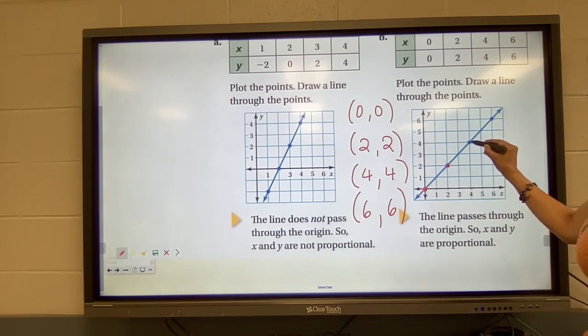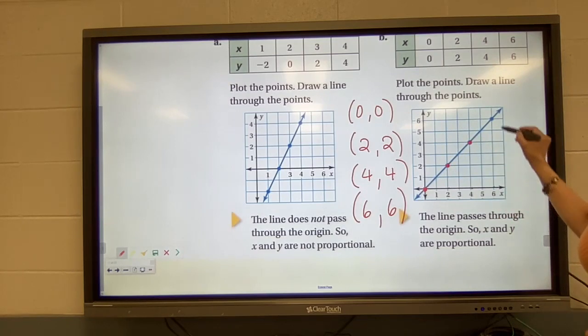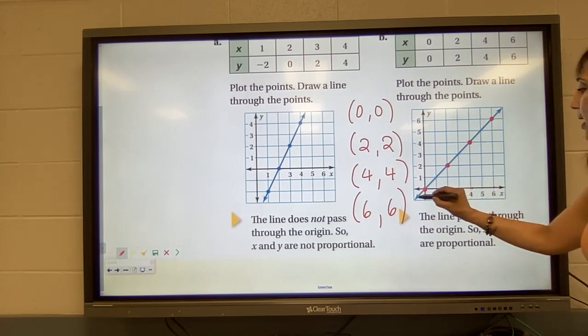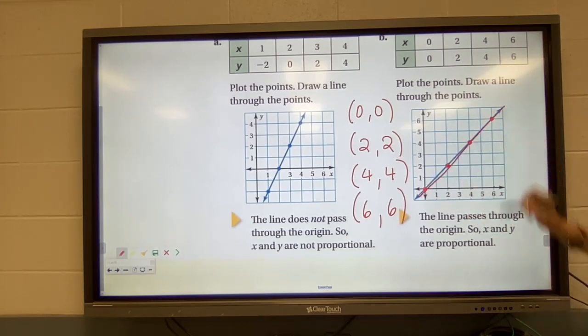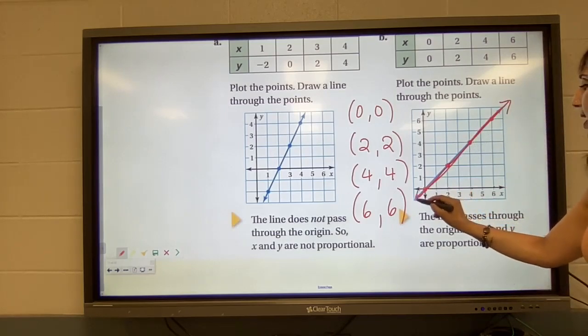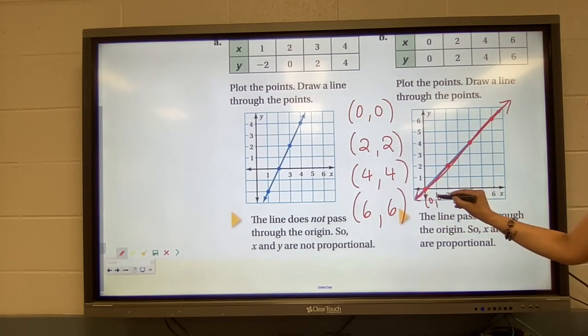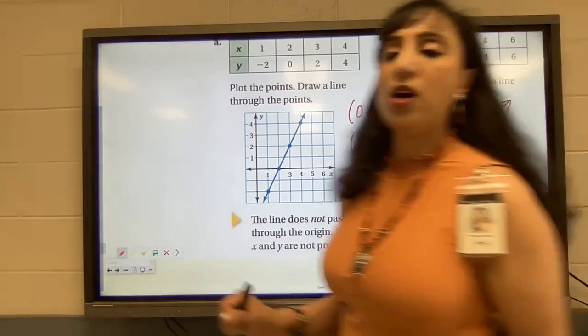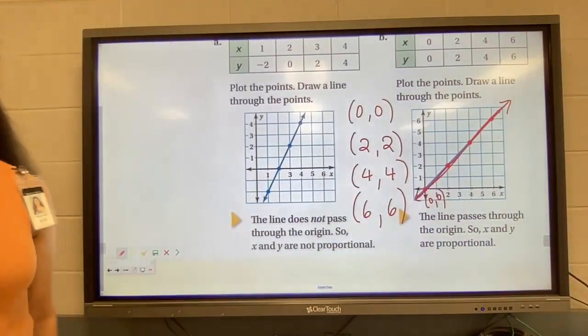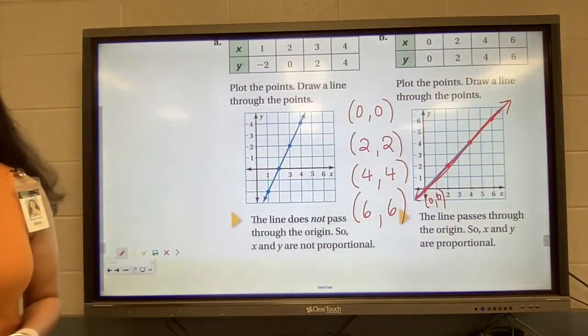We have 4 and 4, and we have 6 and 6. If I connect this, I can already see, yes, it is passing through the 0, 0 origin, and it is a straight line. Therefore, this is a proportional relationship between X and Y.